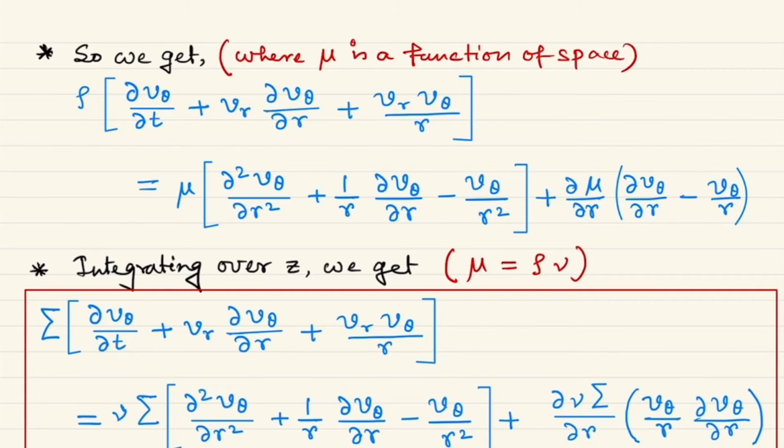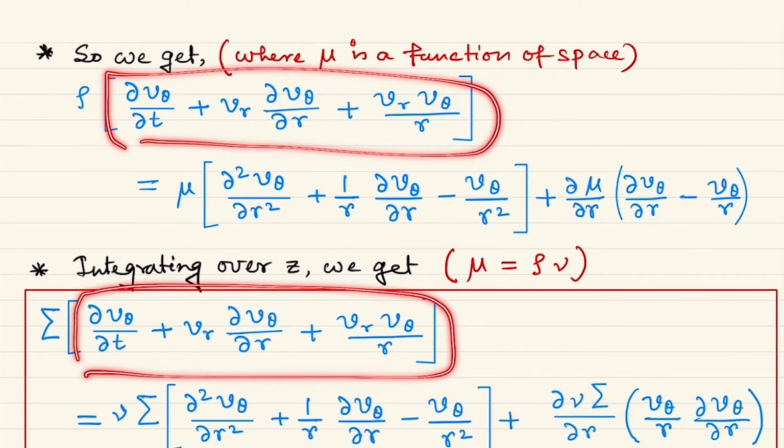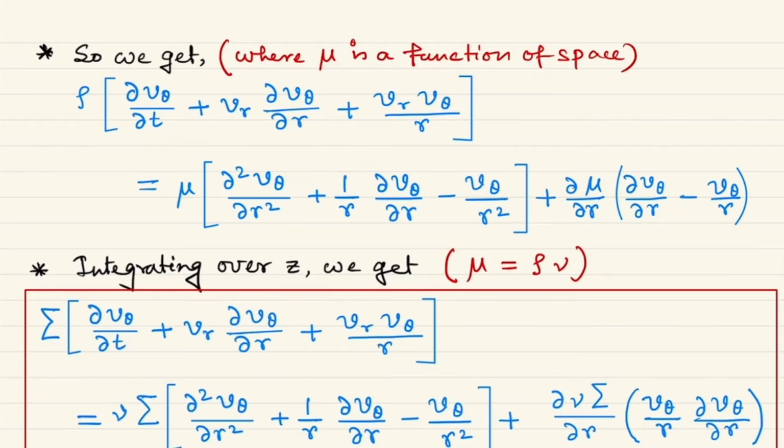Now we again integrate over z to have the equations in terms of sigma, and you will see that the left hand side, sigma times the same expression, basically does not change. But the right hand side changes a bit, and we have already transformed mu equal to rho times nu, so that we can include that in the integration. Nu is called the coefficient of kinematic viscosity and mu is the coefficient of dynamic viscosity.